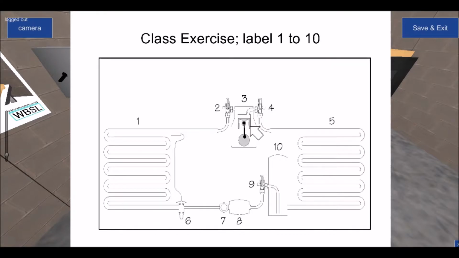Then it's asking you to say that we have high pressure, high temperature, superheated vapor exiting the compressor, entering into the condenser where it desuperheats, and then it begins to condense from a high pressure, high temperature vapor to a high pressure, high temperature liquid, where then it subcools and exits the condenser as a high pressure, high temperature subcooled liquid, enters into the liquid receiver, exits the liquid receiver and enters into your liquid line, passes through a filter dryer sight glass before it enters into the thermostatic expansion valve, where it undergoes a pressure drop and enters into the evaporator as a low pressure, low temperature liquid.